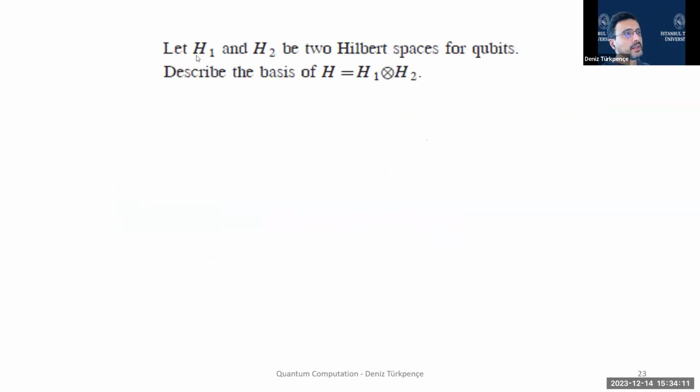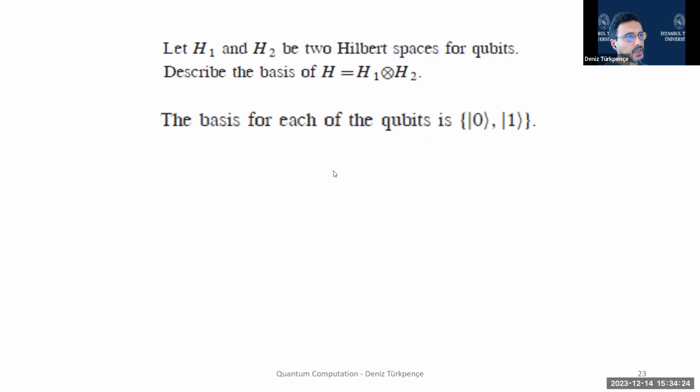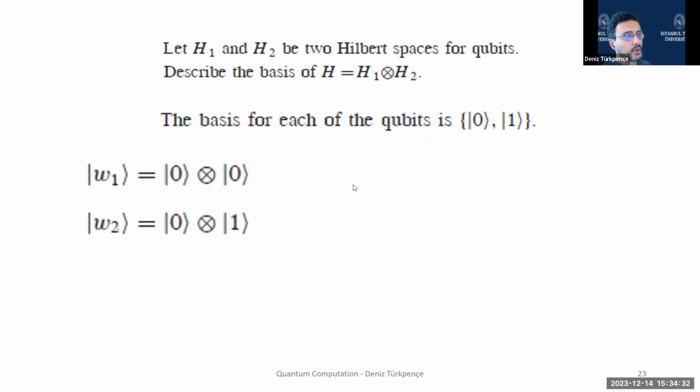Now, let H1 and H2 be two Hilbert spaces for two qubits, and I can describe the whole system by this tensor product. Let me take the example again in terms of qubits. If we have a two-qubit system, all my basis states for two qubits are going to be written in terms of these tensor products.